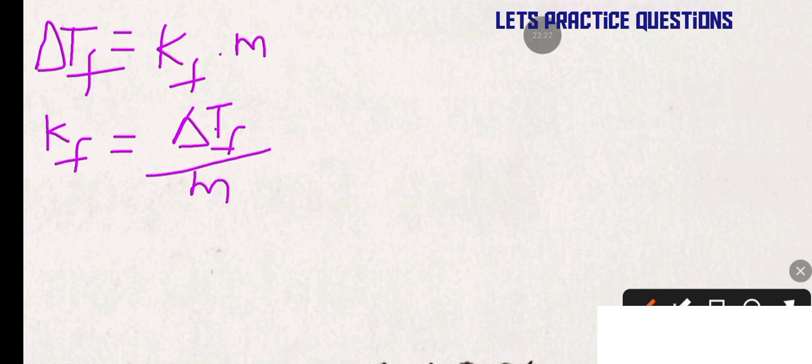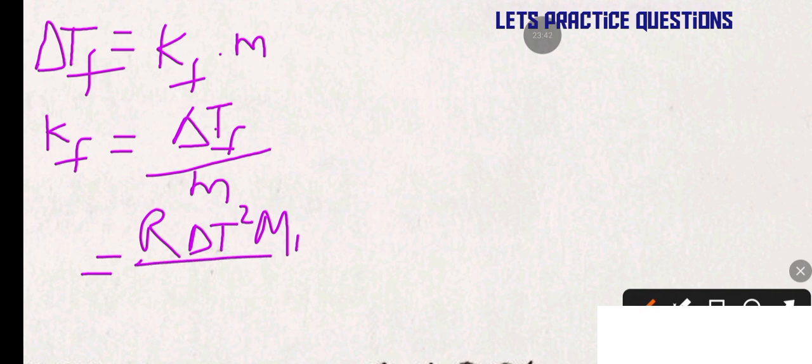We have to know the relationship, another formula, that is R del T square divided by N2.